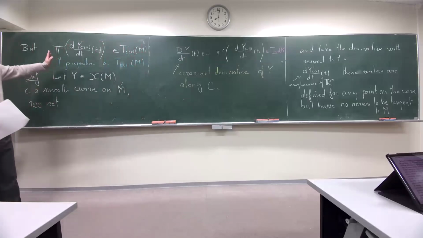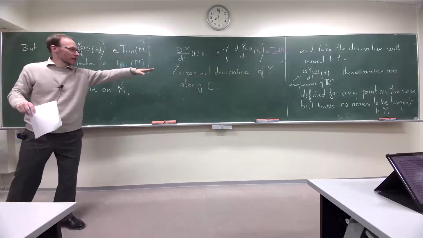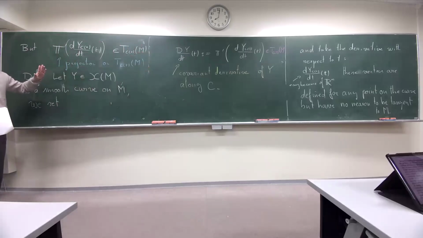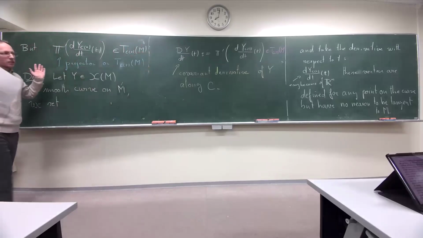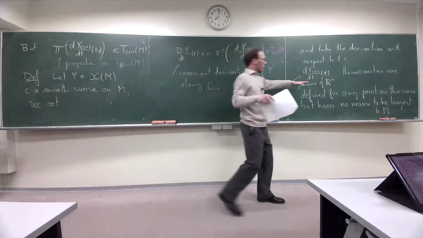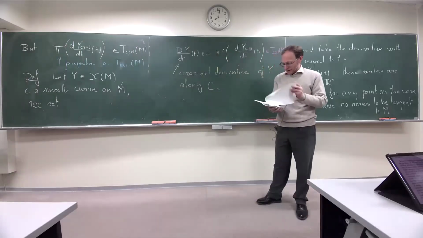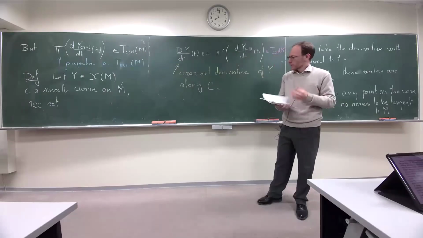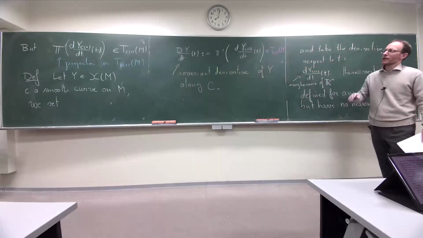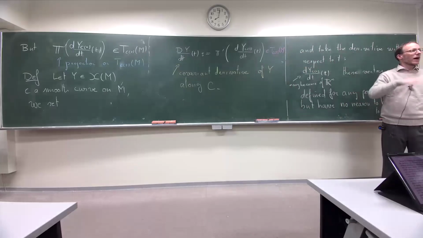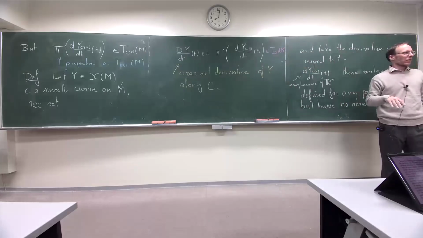I'm using R^n to define the derivative, and then I project. So it's not an intrinsic definition. Even though everything at the end is on the manifold, I needed the outside space for defining this derivative, and that's it. So next week, we will study this a little bit. Still, this is not too difficult. And then we will try to make an abstract version of this, staying only on the manifold, so without this ambient space. That's the final aim.